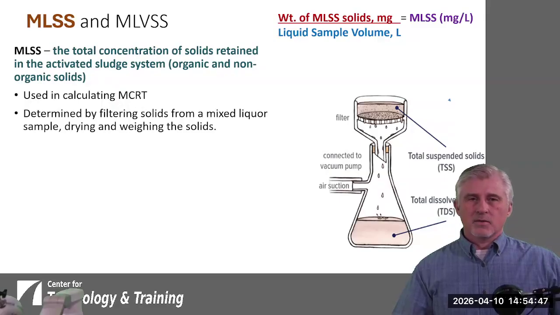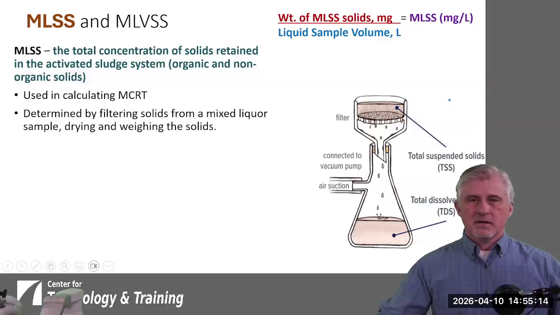We use that in calculating that mean cell residence time, and it's determined by filtering solids from a mixed liquor sample, drying and weighing the solids. So we've got the weight of the mixed liquor suspended solids in milligrams divided by our liquid sample volume in liters, and that gives us the MLSS in parts per million.